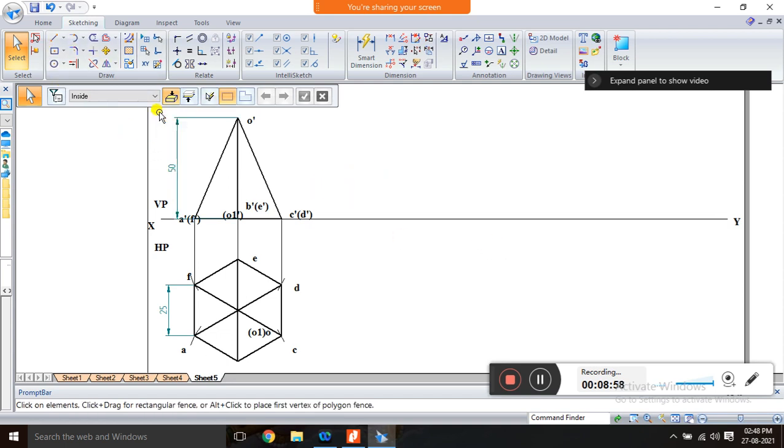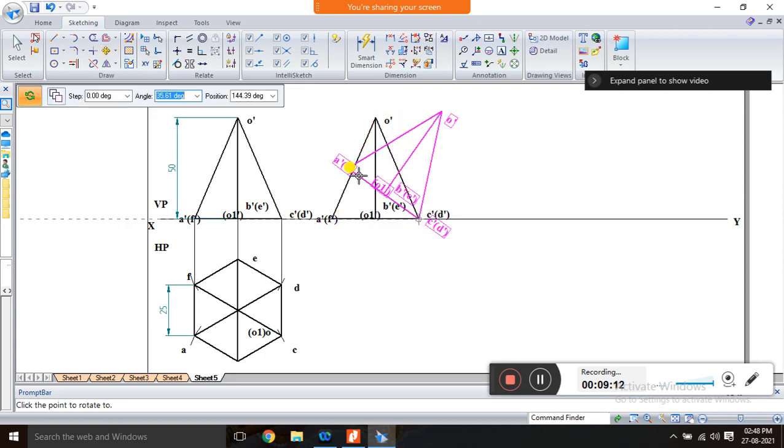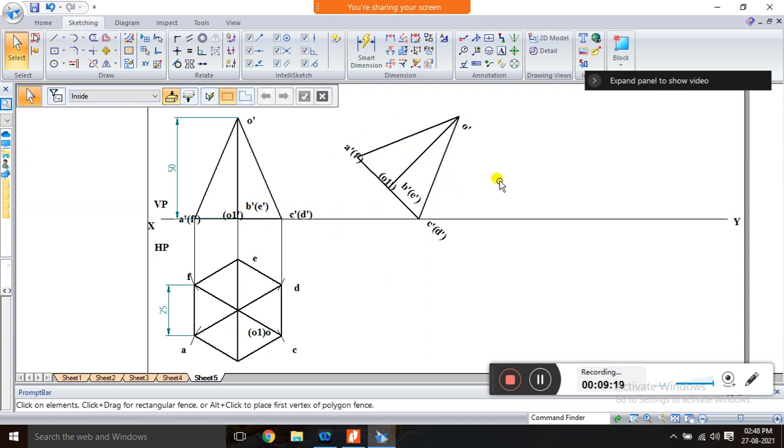Okay. So see, directly copy this. Okay, and use the move option, move like this and rotate. This is the first point of rotation, this is the second point of rotation, and the rotation angle is 45 degree. See, so this is a software way of construction.